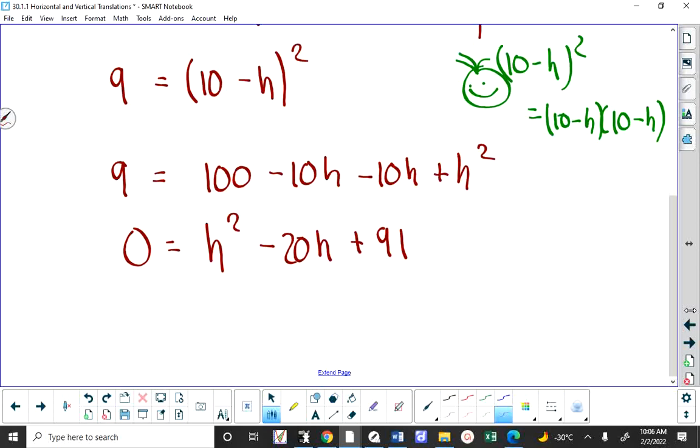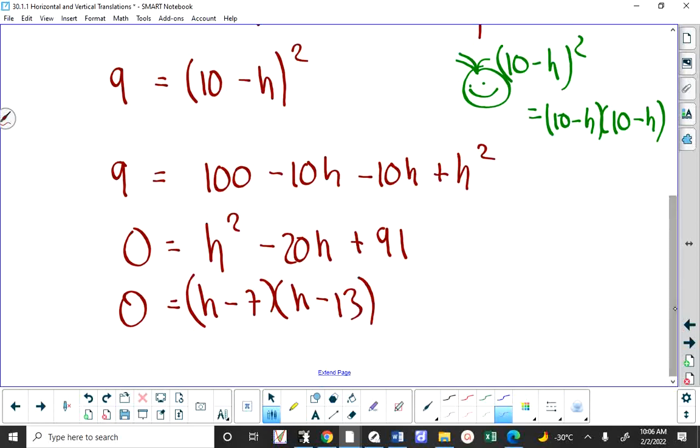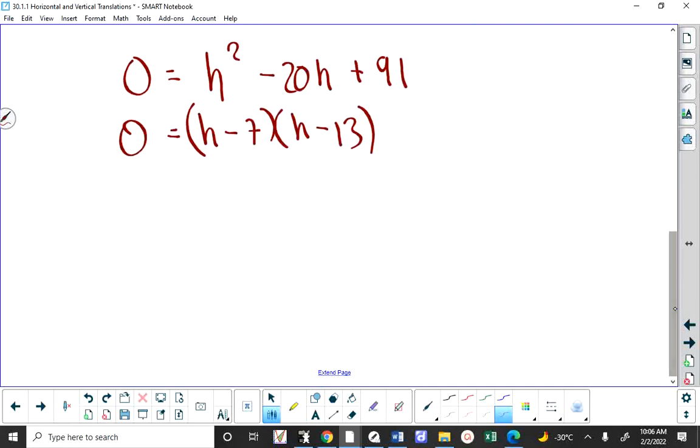Okay. So this factors into h minus 7 and h minus 13, which means I do want to review a little bit of why what I'm about to write works. It means that h equals 7 and h equals 13.